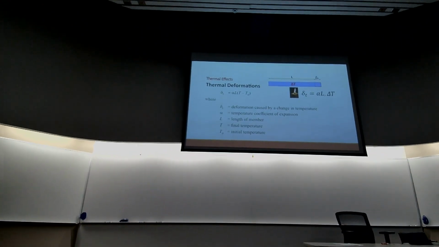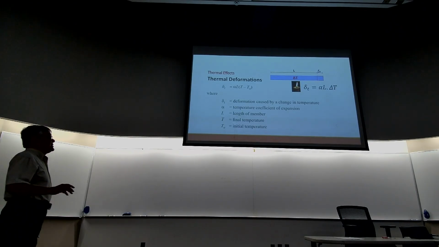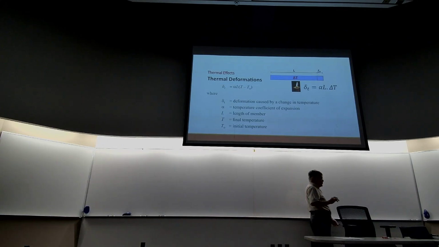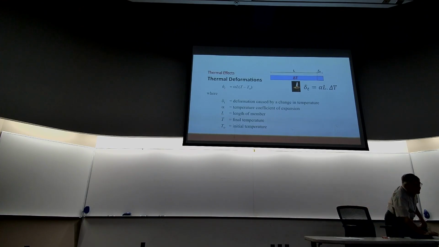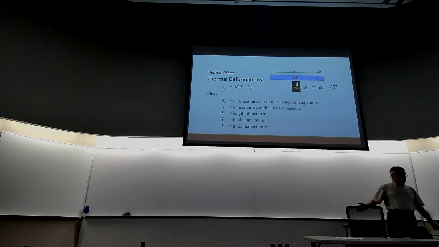You have an initial length of L, and then raise the temperature of this material by delta T. That's delta uppercase T. Then this material would freely stretch by a very small amount, which is this delta lowercase T. This means deformation due to temperature change. Highly exaggerated as usual, so we can see better what's happening.